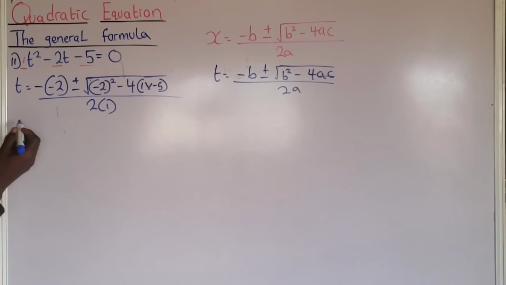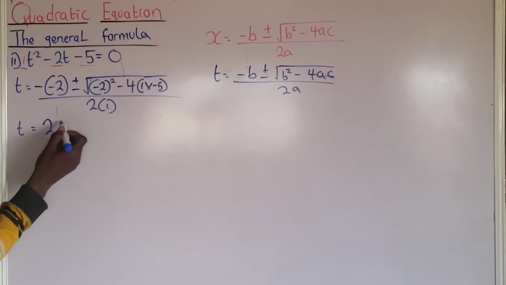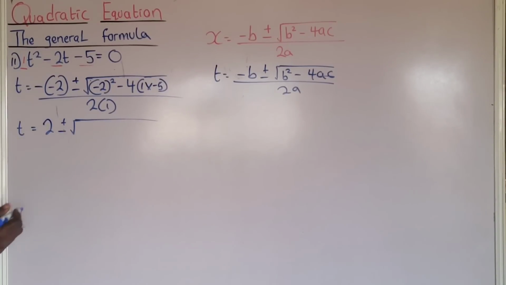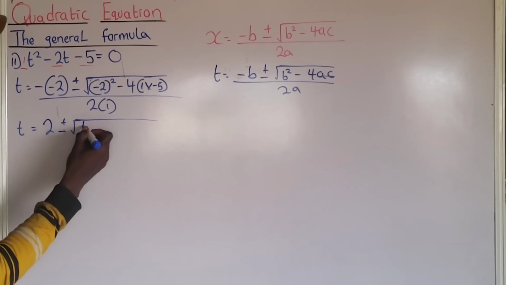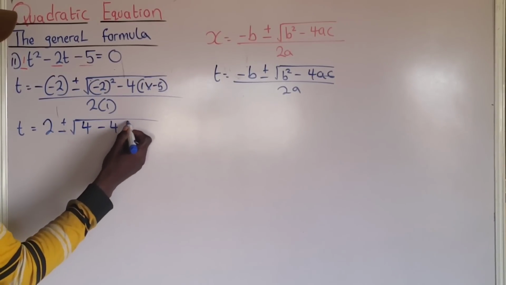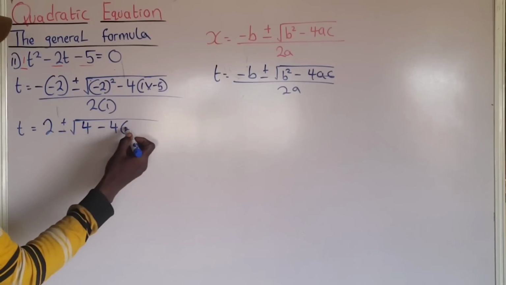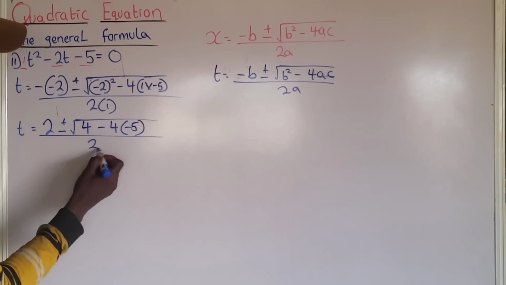Now let us proceed. For this, I'm going to have t equals negative 2. That is what? Positive 2. 2 plus or minus square root of b squared. b is negative 2. So negative 2 squared is what? 4. 4 minus 4 multiplied by 1 multiplied by negative 5. That is what? Negative 5. Okay? All over 2.